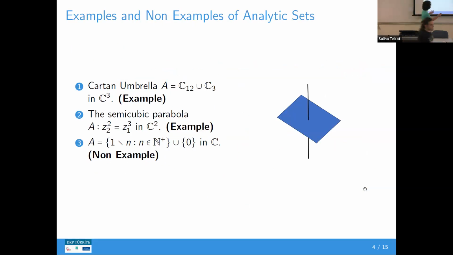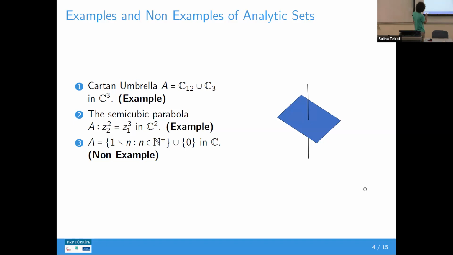In this example, maybe you can select a neighborhood on this plane or on this line. It doesn't matter, it satisfies the definition. This intersection point is something called a singular point. We will explain it later.